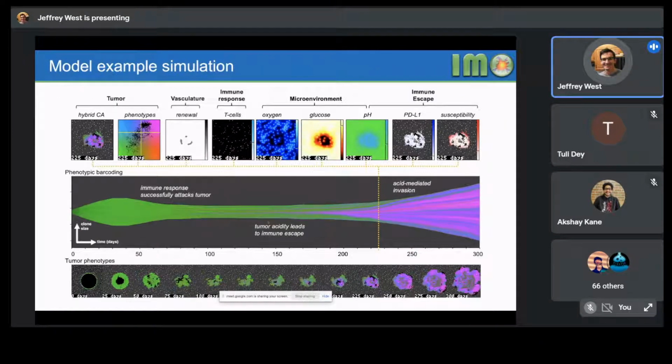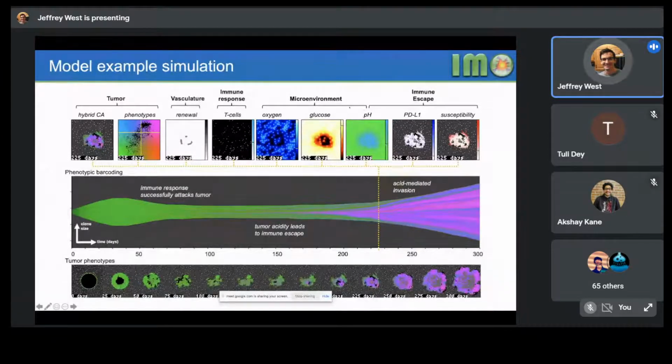So this is a very complicated model. In fact, this is all of the elements of the model. We have our tumor grid here, and then we have our phenotypes, acid resistance and glycolysis here. And then we have some vasculature parameters, some T cells in blue, and then we have our microenvironmental conditions: oxygen, glucose, and acid or pH.